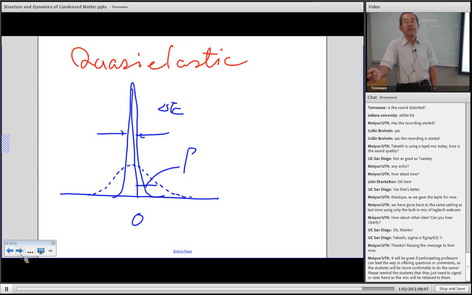But the difference between neutron and NMR is, the question was, NMR is a local probe. Well, yes and no. Yes, it's a local probe in a certain sense that you use nuclear spin, right? And then coherence is not there, right? That is correct.